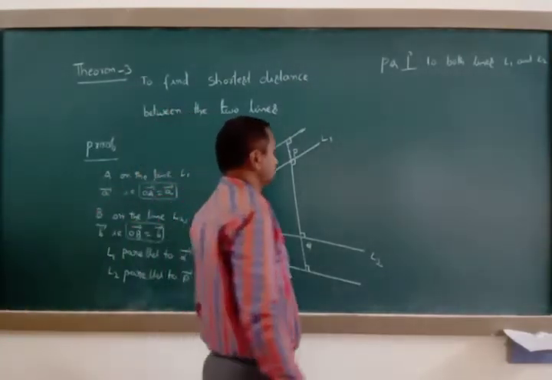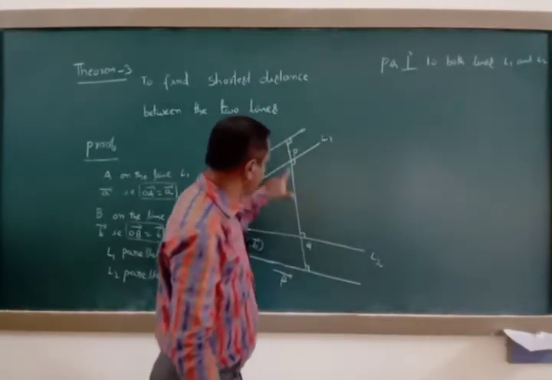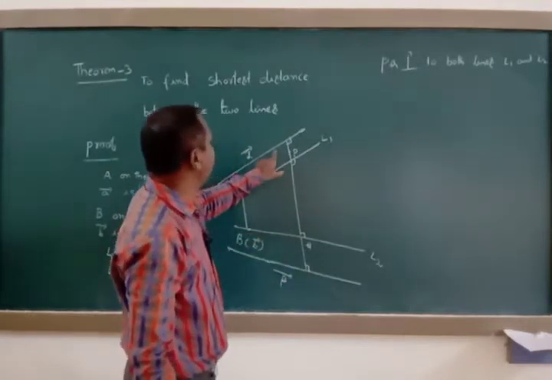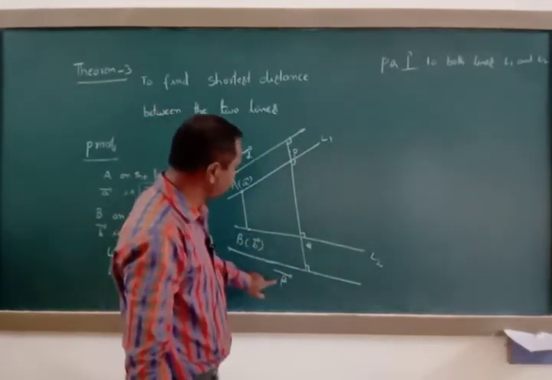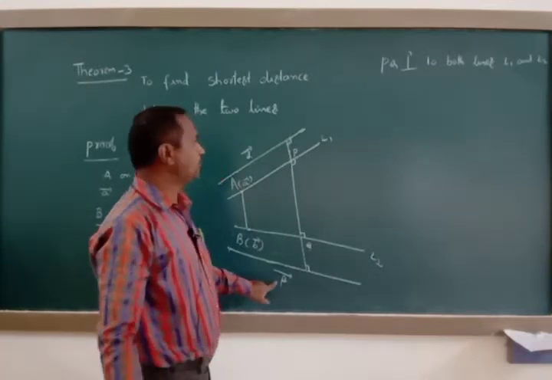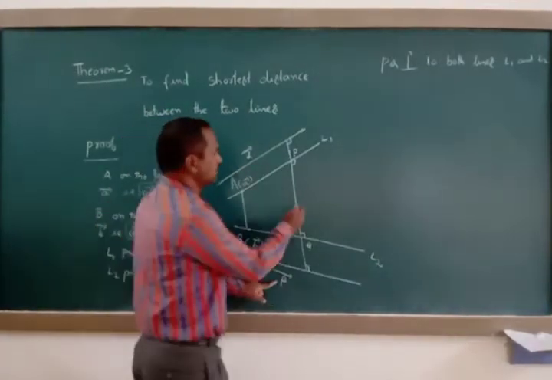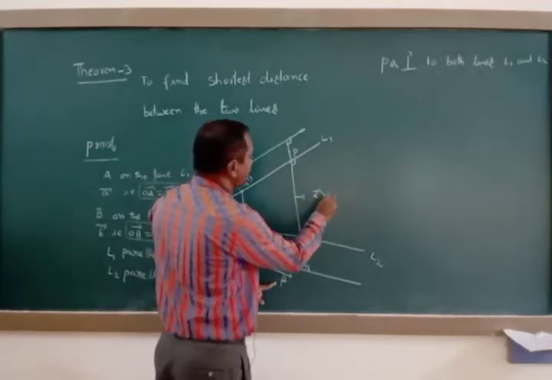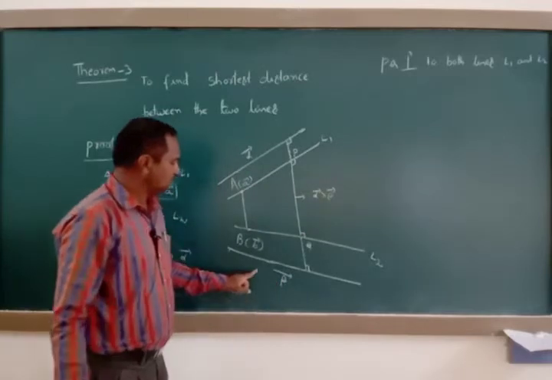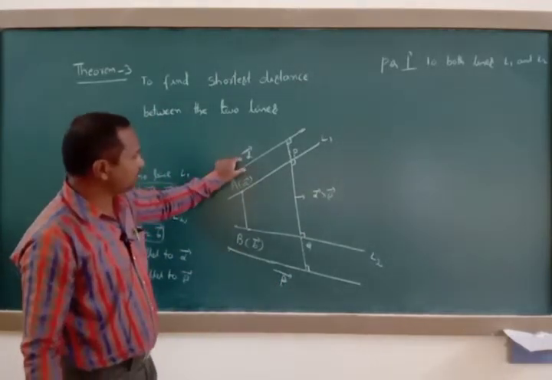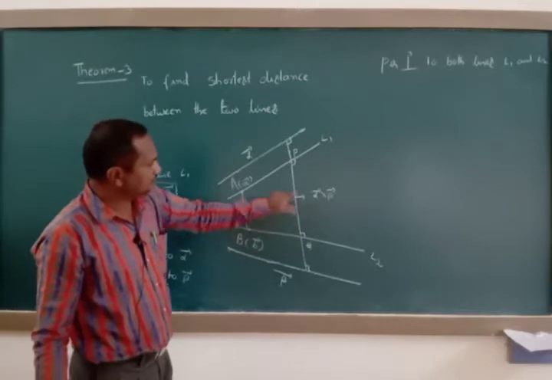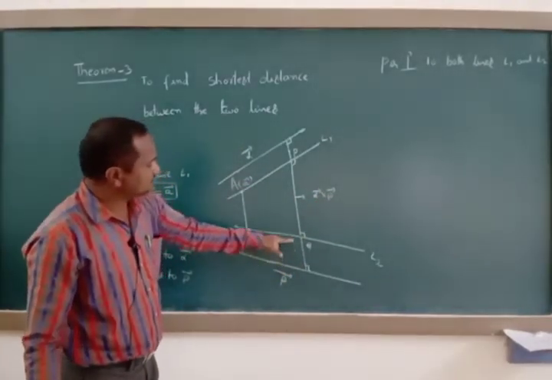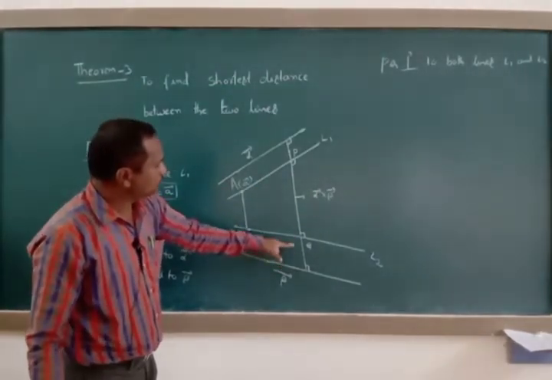Next, if we extend PQ like this, then PQ is perpendicular to both vectors alpha vector and beta vector, and is given by alpha vector cross beta vector. The cross product of alpha vector and beta vector is in the direction perpendicular to both vectors.